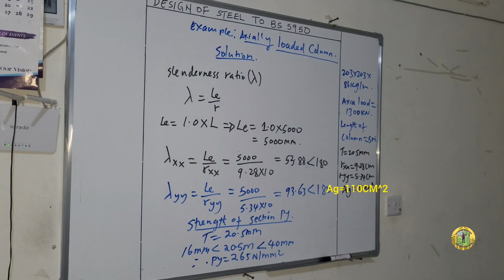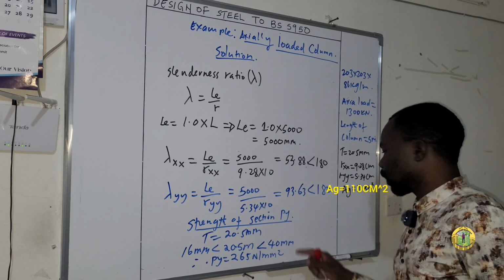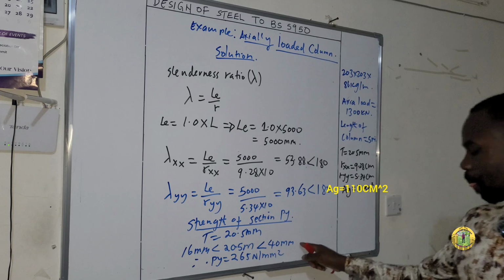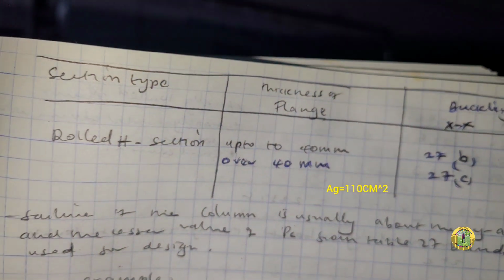We proceed. As you can see, the limit of our flange thickness is 40 millimeter. Therefore, for buckling about the x axis, we'll use table 27b, and about the y axis, we'll use table 27c. Let me show you.